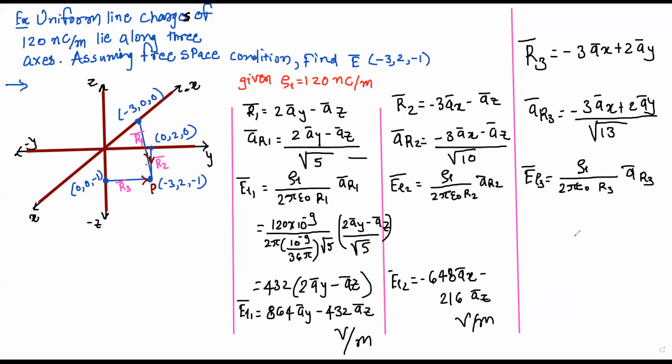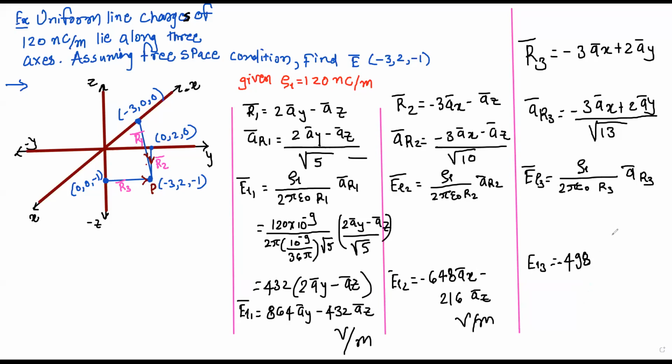EL3 calculated? Yes sir. Okay, done. Minus 498.45 minus 400... 98.45 a bar x. Is it plus or minus? Minus.